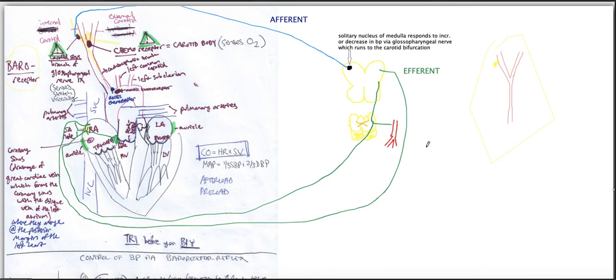When you have hypertension, it's actually why it's such a chronic disease, because the body doesn't really have that great of a way to lower hypertension, because there's no parasympathetic mechanism to lower high blood pressure.